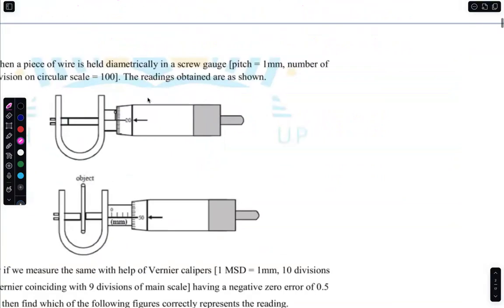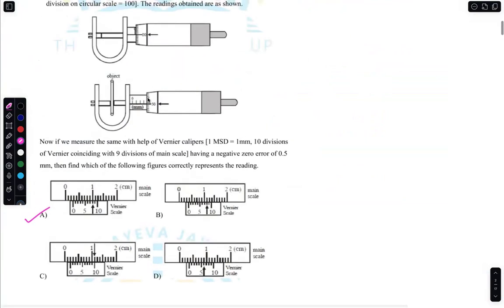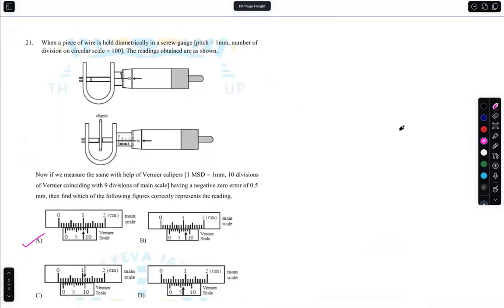Next. Actually, this is a repeated question. A lot of times this question got repeated, and the only thing is we made a big focus on screw gauge and vernier calipers, if I am not mistaken.